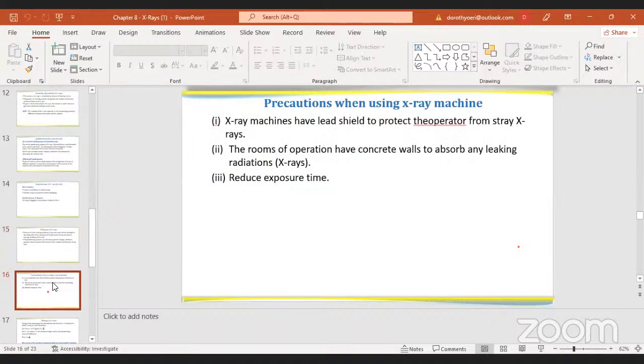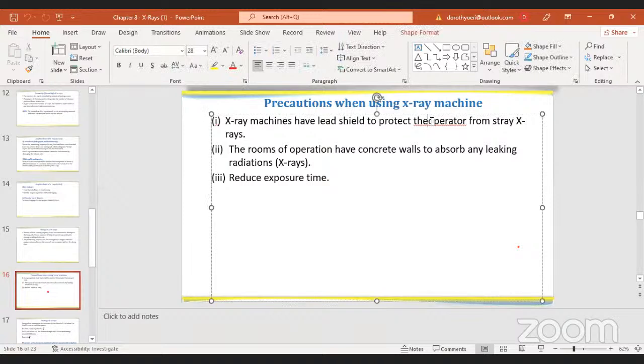Now, precautions when using an X-ray machine. The machines are normally surrounded by a lead shield. Why is it surrounded by lead? Why specifically is lead used?